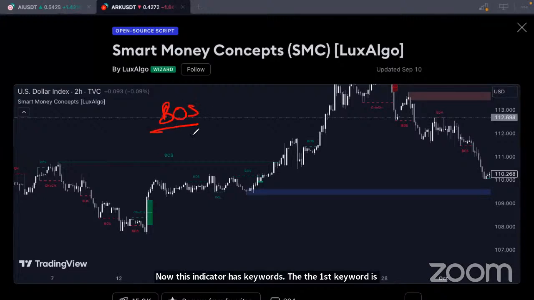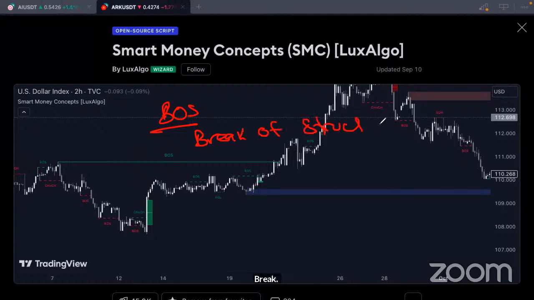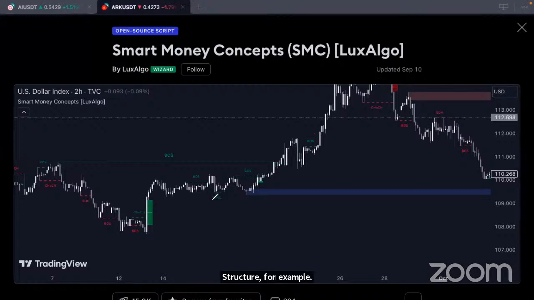This stands for break of structure. For example, look here, friends. I'm explaining break of structure. You can see that this coin, if we could draw lines like this, let me draw for you.